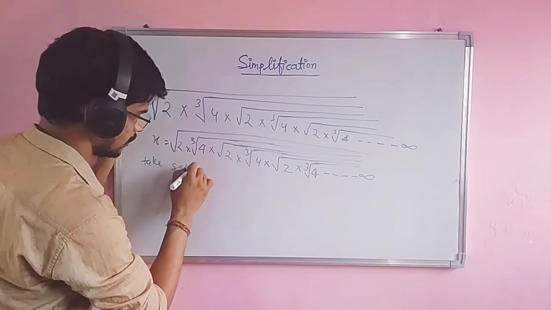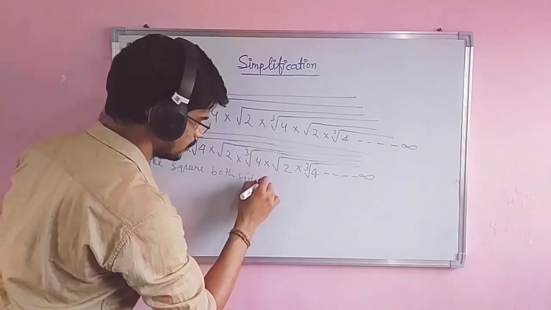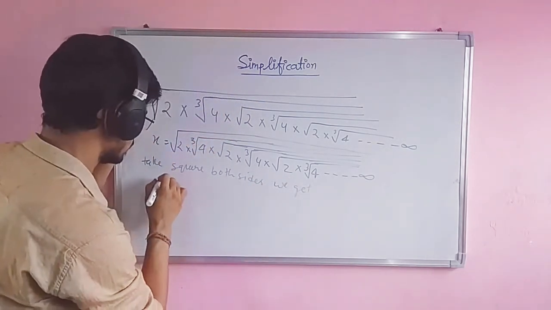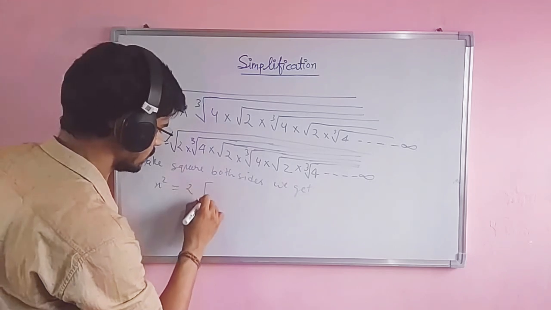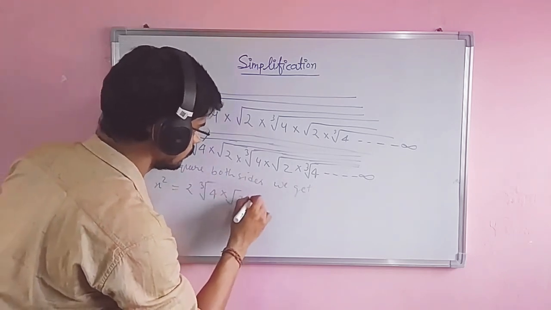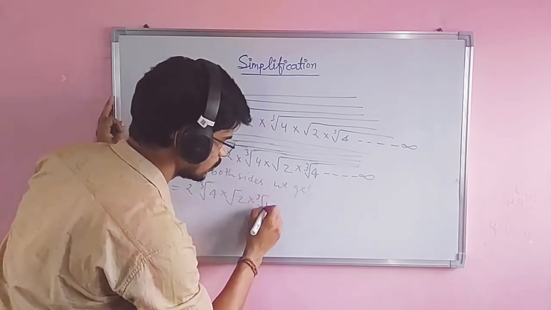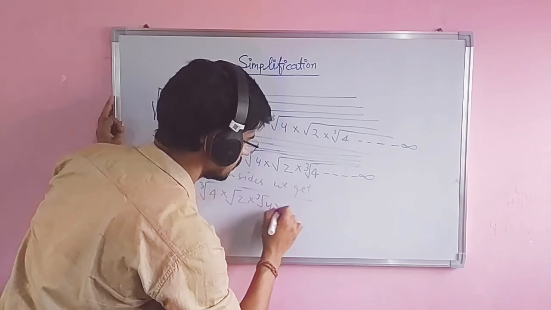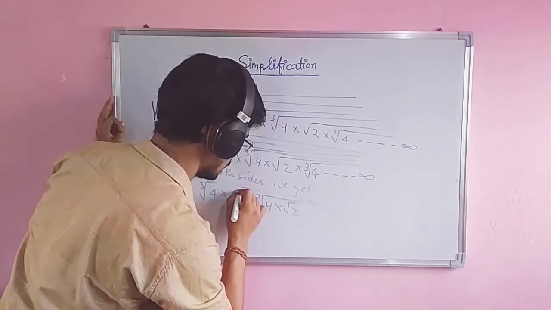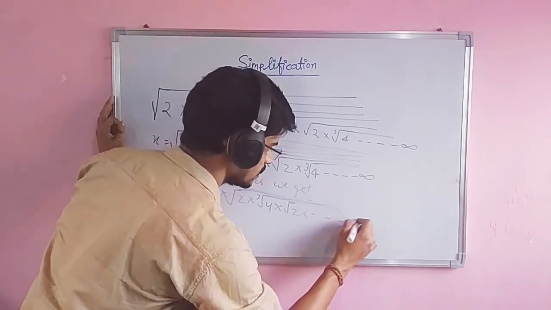Now take square on both sides. We get x square is equal to 2 times cube root of 4 multiplied by under root 2 multiplied by cube root of 4, and so on up to infinity.